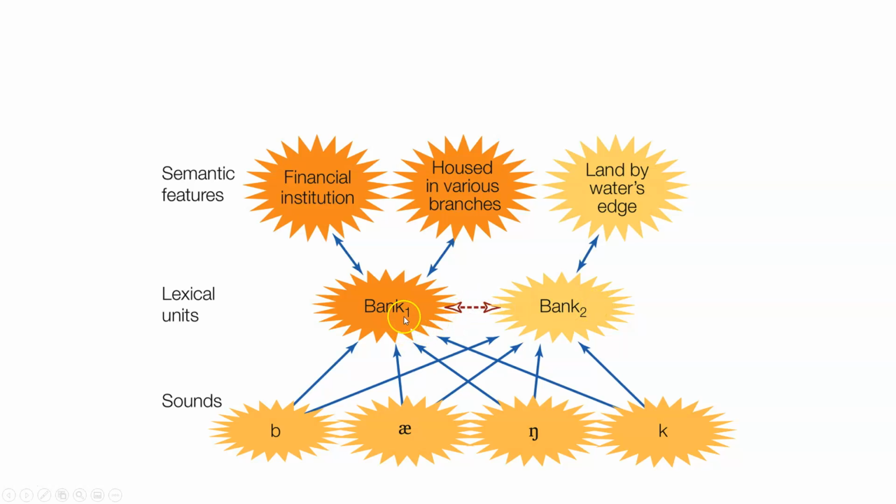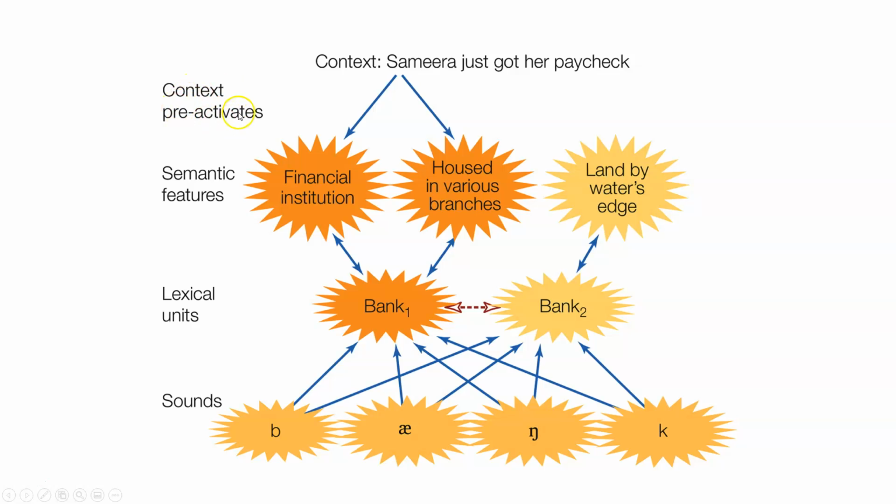So in order to differentiate between these two possible activations, we have to rely on contextual cues. If the context is Samira just got her paycheck, and then we say something about how she took it to the bank, then this priming about the paycheck would activate from the context the potential semantic features of a financial institution housed in various branches, so that when you hear later on the sounds bank, that activates this word right here.